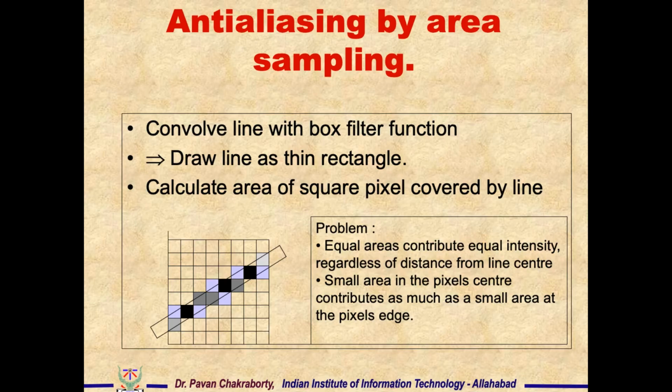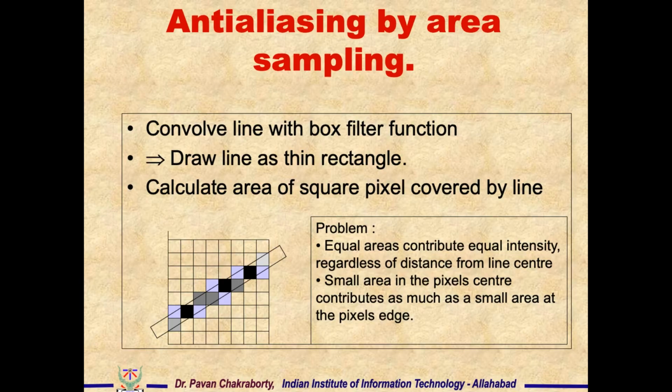Now the problems are: equal areas contribute equal intensity regardless of distance from the line center. Small areas in the pixel center contribute as much as small areas at the pixel edges. So this is an effect.